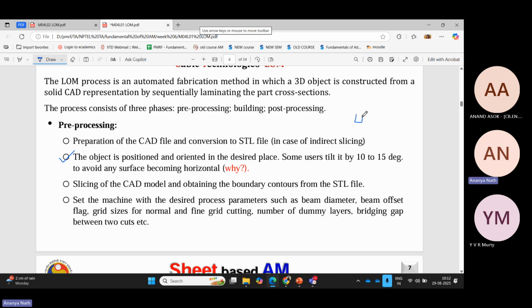So if your part is looking like this, we do not print it like this. We print it tilted at some angle, like this. Why is it so?